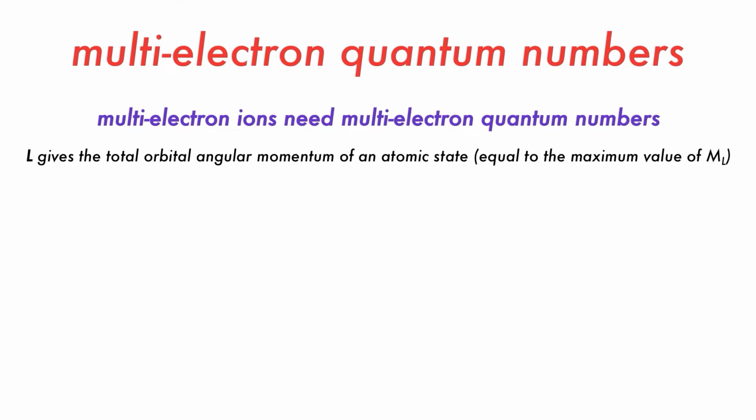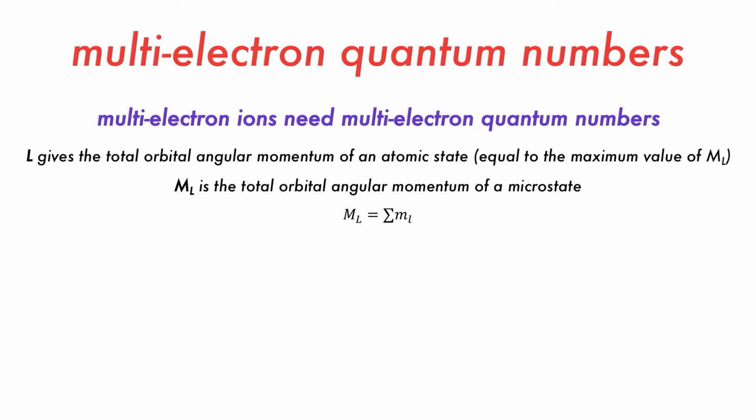So now capital or uppercase L is going to be the total orbital angular momentum of the atomic state given by capital M subscript L, which gives the total orbital angular momentum of a microstate. Capital M sub L comes from the sum of all the lowercase ml values.